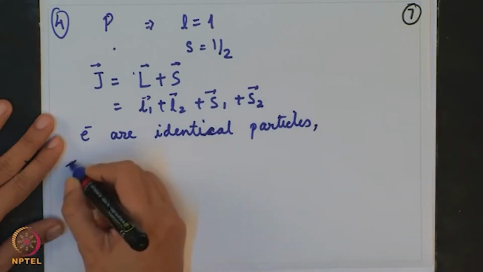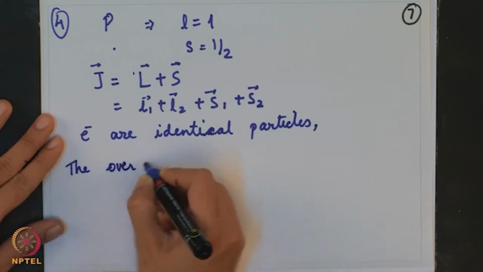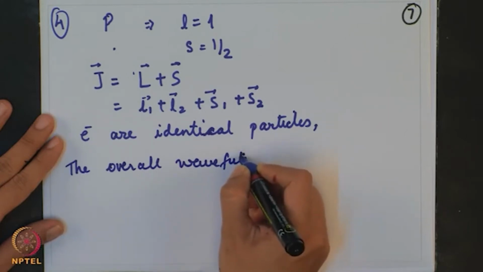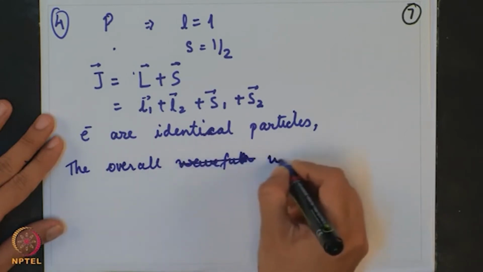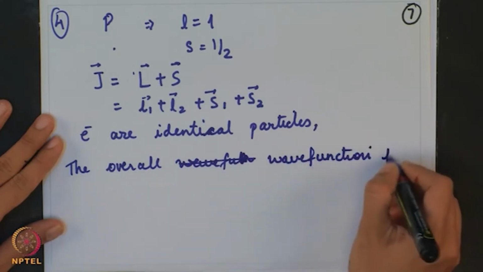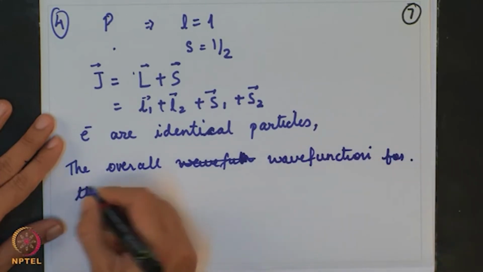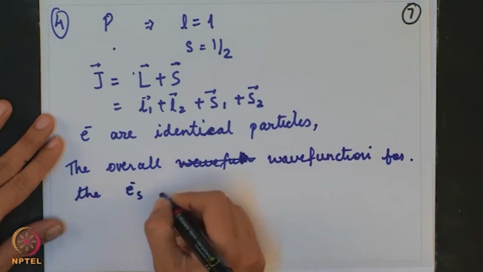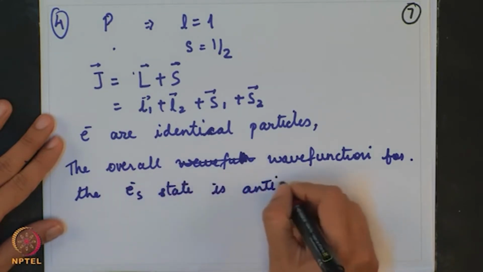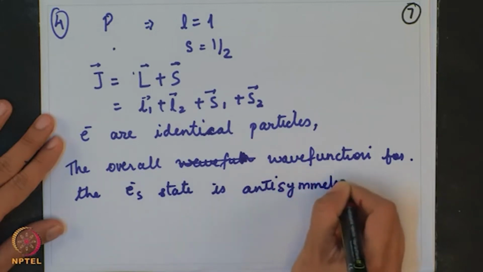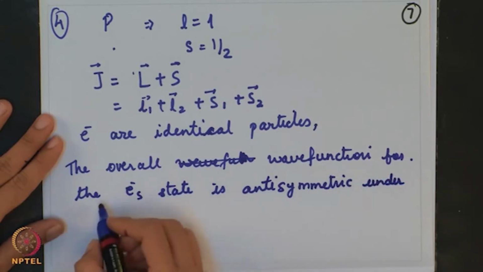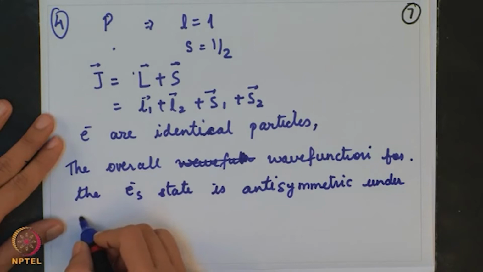So, the overall wave function for the two electrons, the electron state, has to be antisymmetric under interchange or exchange of particles.